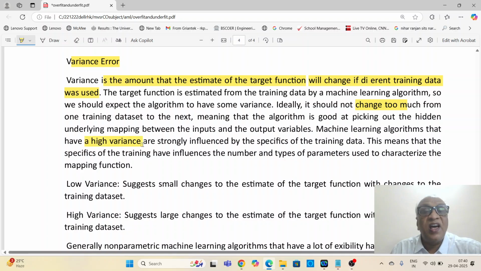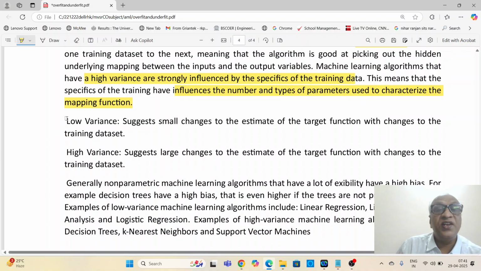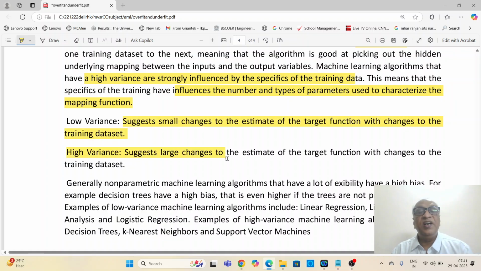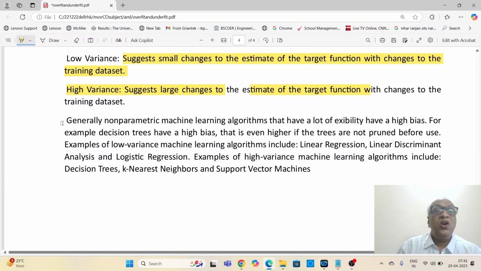If you have high variance, the reason is the specifics of the training data. It means the specifics have influenced the number and types of parameters used to characterize the mapping function. Low variance indicates small changes to the estimate of the target function with changes to the training data. High variance indicates large changes to the estimate of the target function.